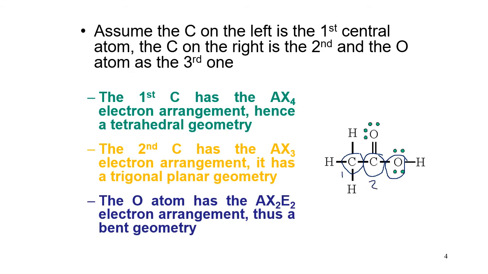Why AX3? 1, 2, 3, right? There is no lone pair, so it has a trigonal planar geometry. And the third, oxygen, has AX2E2, two lone pairs, so the arrangement is a bent geometry.